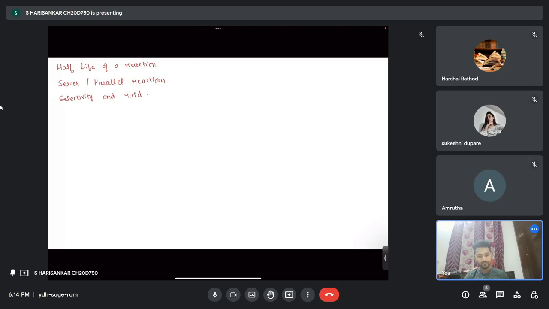So after this, we'll get on to solve a few problems with regards to these concepts from previous year GATE questions. So let us start. The first thing that we look into today is half-life.